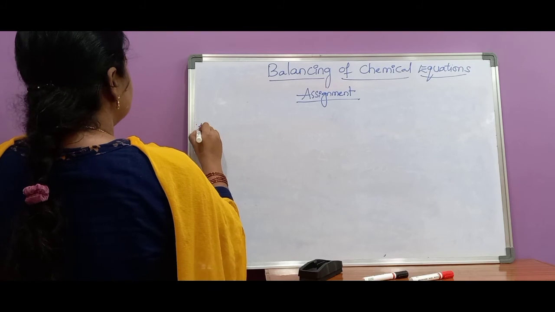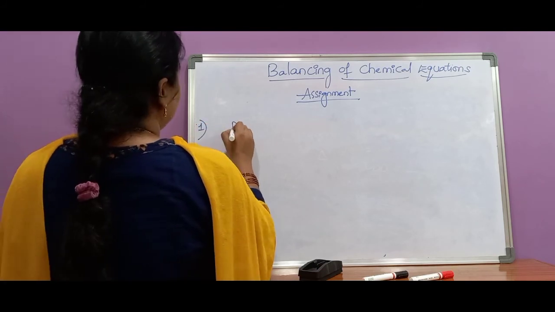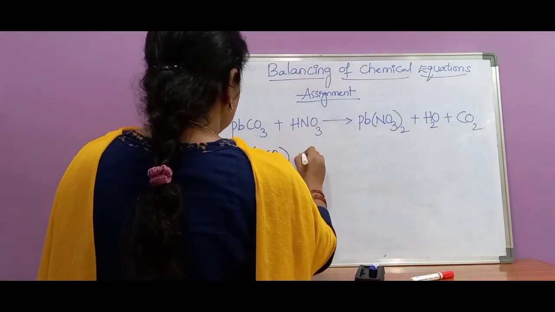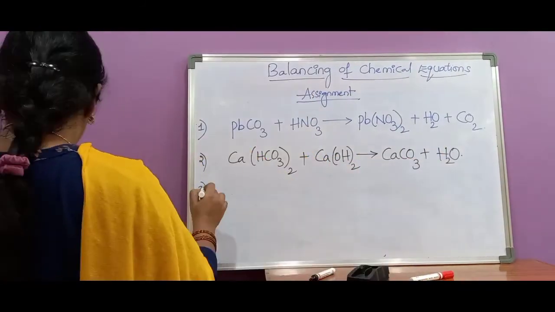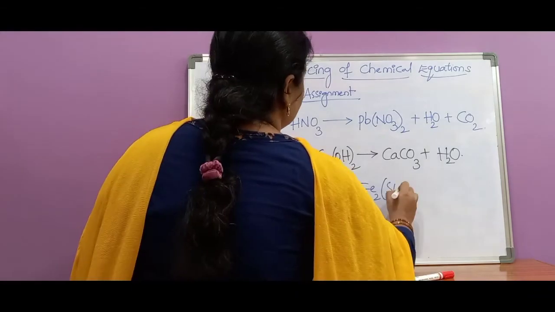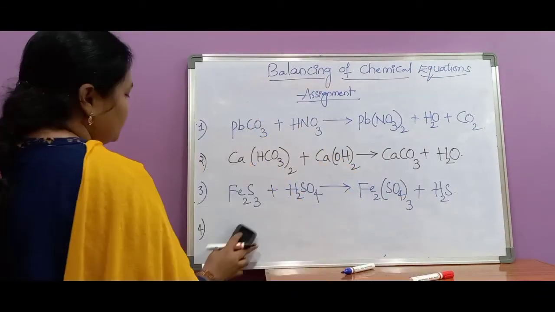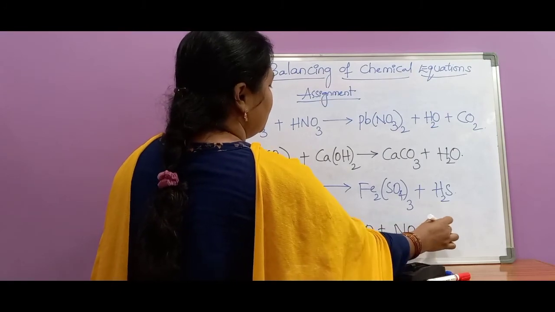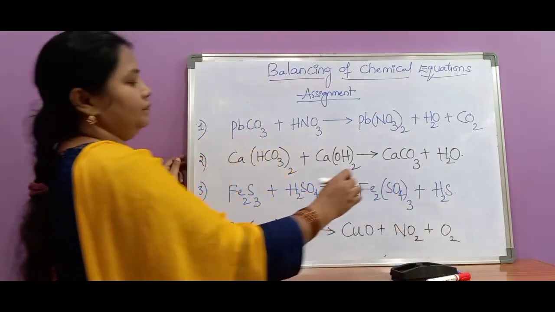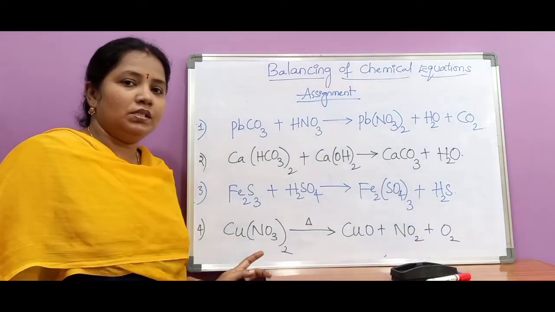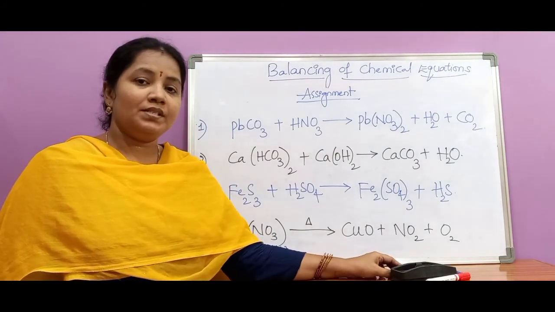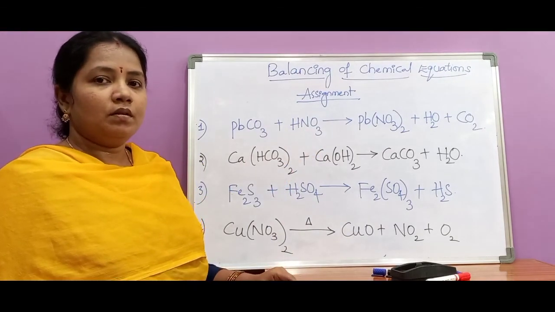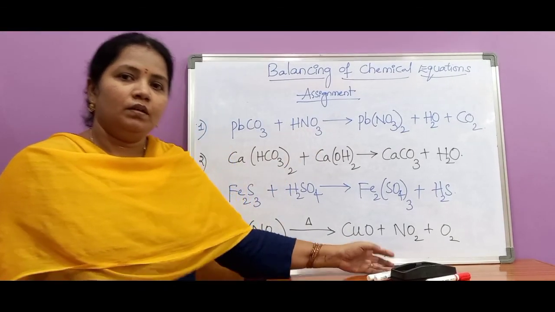First one, lead, carbon and oxygen. So try to balance all these 4 example equations and try to write the suitable coefficients. I will meet you in the next class with the next topic.